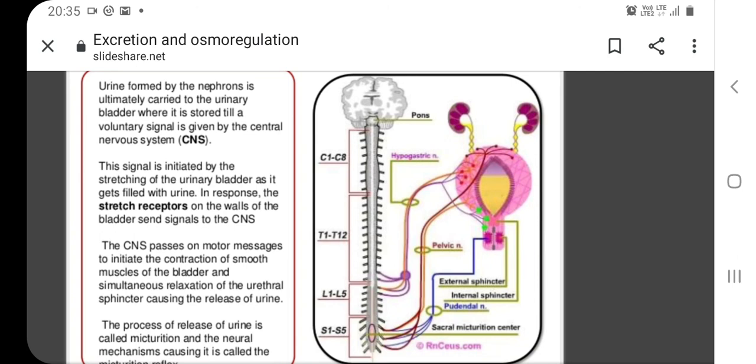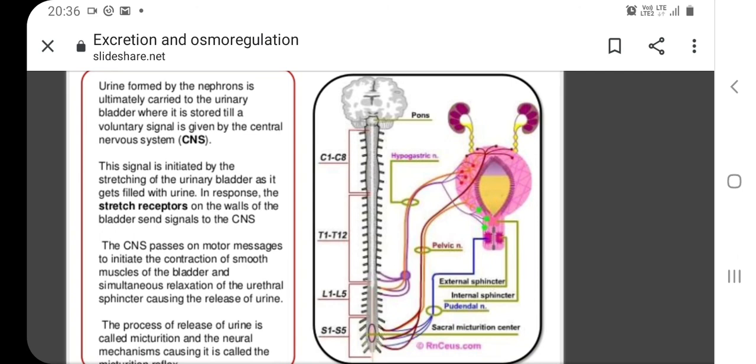The signal is initiated by stretching of the urinary bladder as it gets filled with urine. In response to the stretch, receptors on the wall of the bladder send signal to the central nervous system.